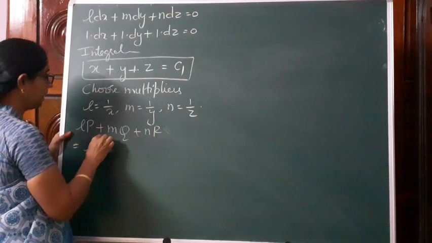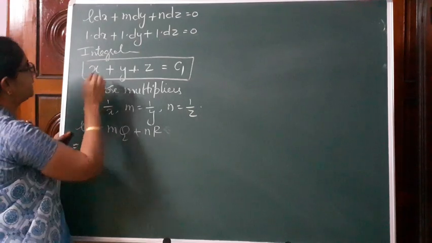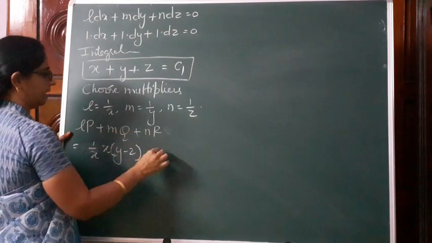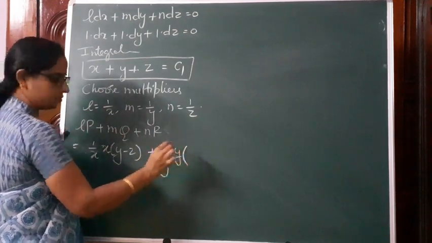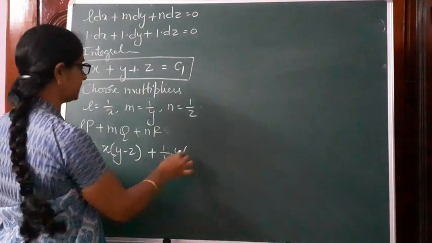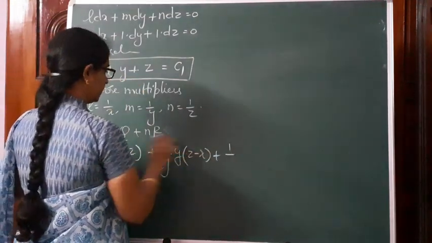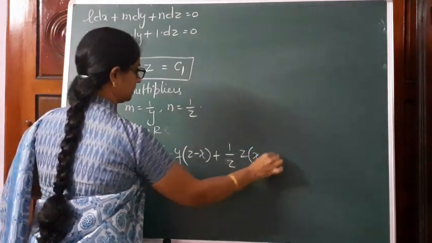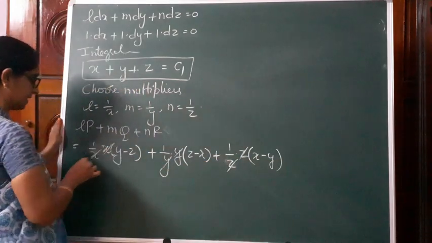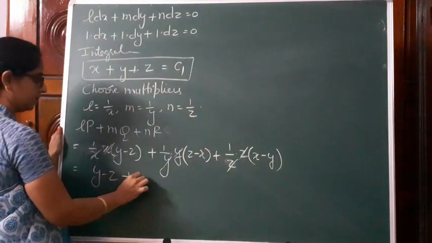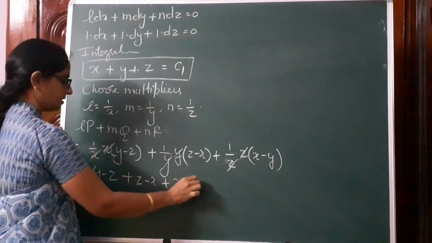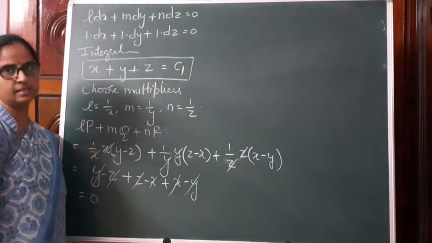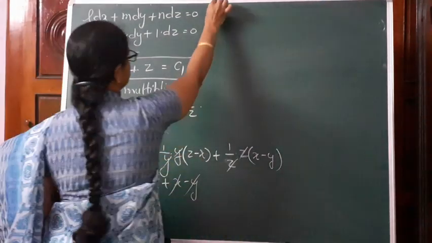L into P is 1 by x into x into y minus z, plus M is 1 by y into y into z minus x, plus N is 1 by z into z into x minus y. The z, z, y, y, x, x get cancelled. We have y minus z plus z minus x plus x minus y, which goes off. It gives 0. Therefore, LP plus MQ plus NR is equal to 0.